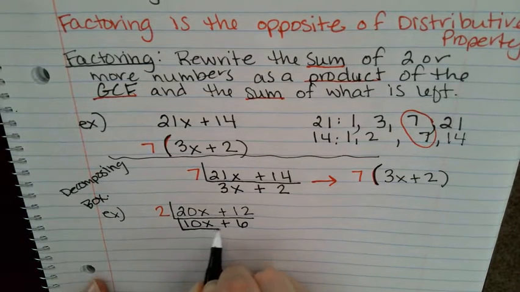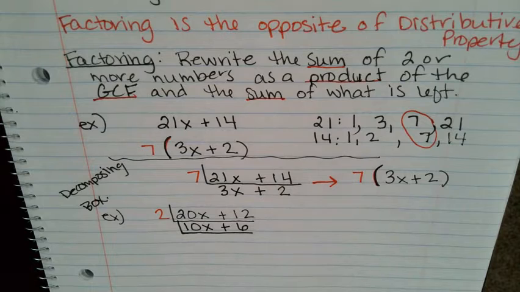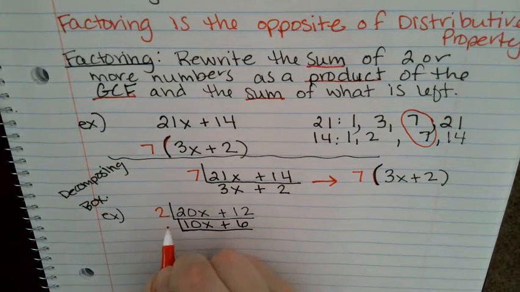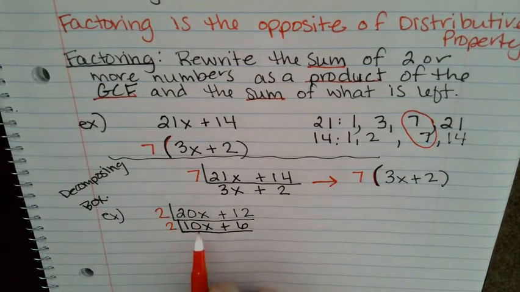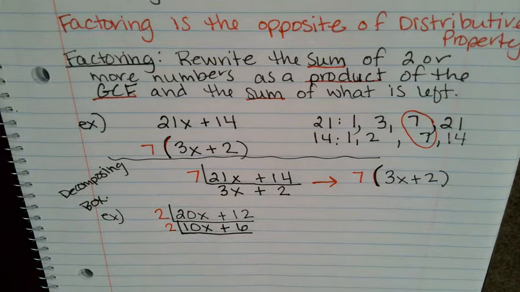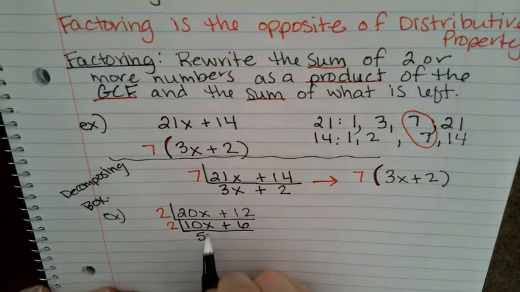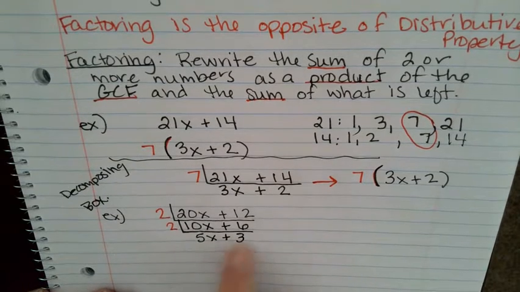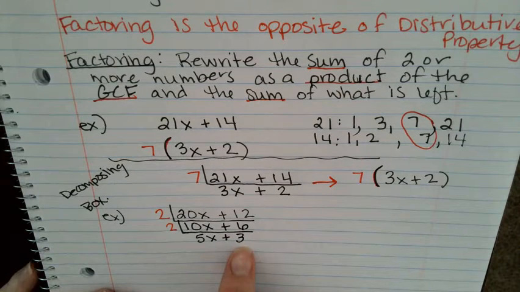So I'm going to build another box, okay? And I'm going to say, wait a minute, 10 and 6 can both be divided by 2. Half of 10x is 5x plus 6 divided by 2 is 3. Now look, 5 and 3 are mutually prime. So I know that I'm done.